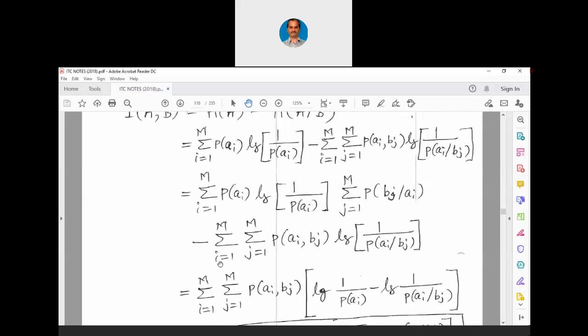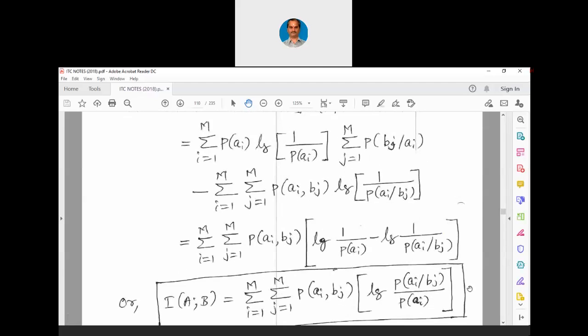So now summation of i equals 1 to m, summation of j equals 1 to m, p of ai comma bj. This we had obtained even in the previous expression. We will separate it out and we will have log of 1 over p of ai minus log of 1 over p of ai slash bj.